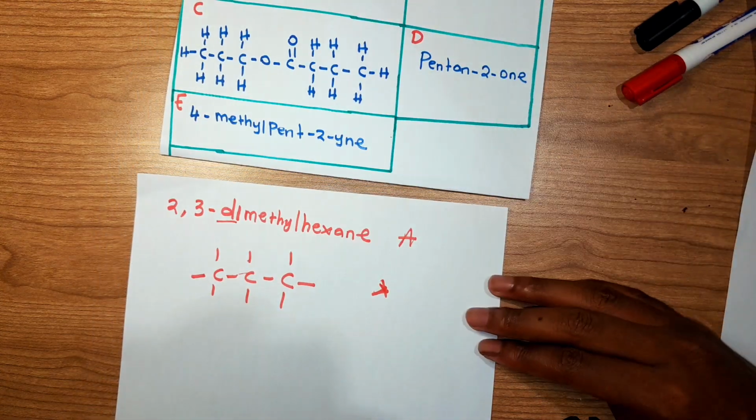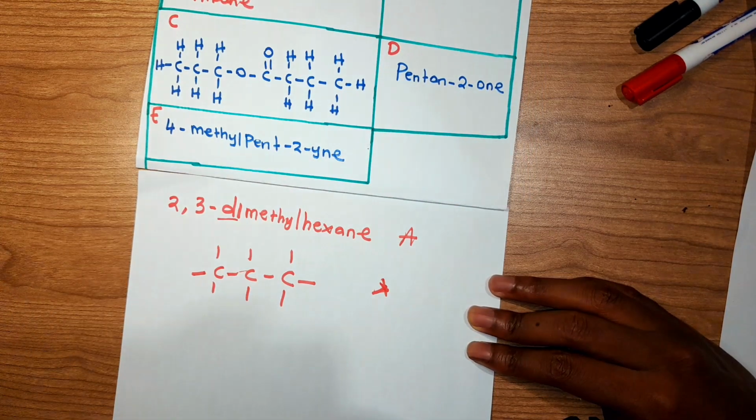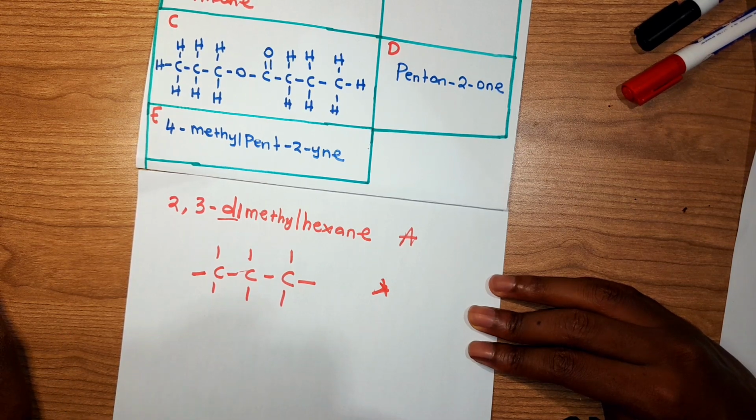And then let me move to C. What is C? C is an ester, right? So how do you give the IUPAC name of an ester?